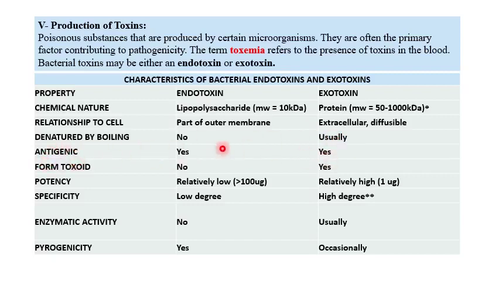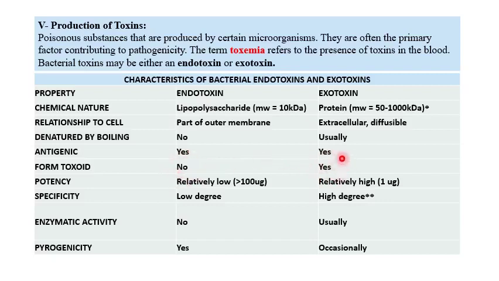Antigenicity: both are antigenic, but from your knowledge, of course, the protein is more antigenic than the polysaccharide. Formation of toxoid, which is done by formalin. I can convert exotoxins to toxoid, which has the same antigenicity as the toxin but is inactive. But this process cannot be done with the endotoxin.